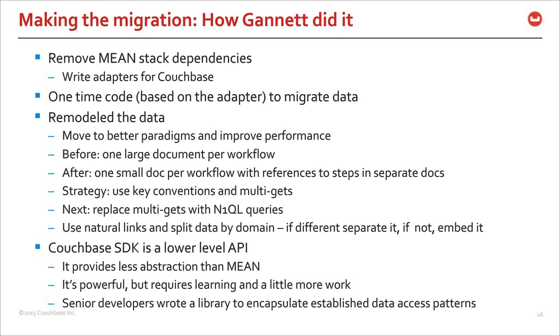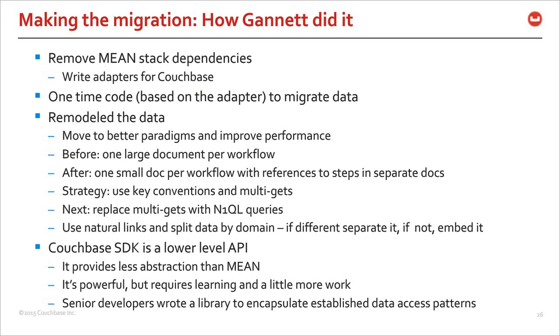I think on the one counter argument, it wasn't all rosy. As they did this process, the way they described it is that their developers said the Couchbase SDK is, in their terms, a low-level API. And that was probably true in that it does not provide the same high-level abstractions that you would find in the MEAN stack.